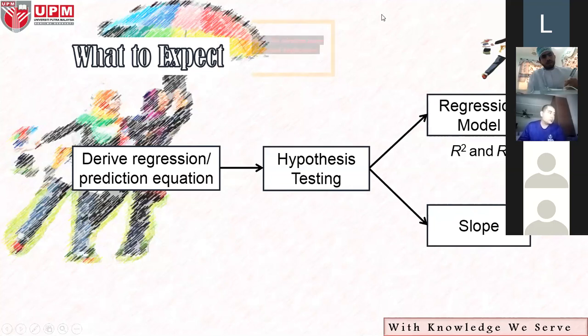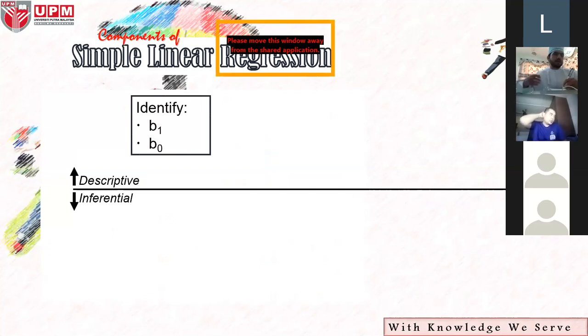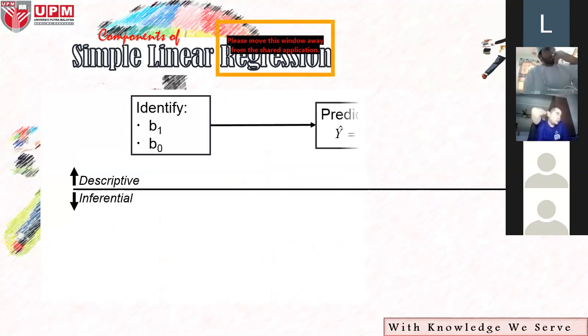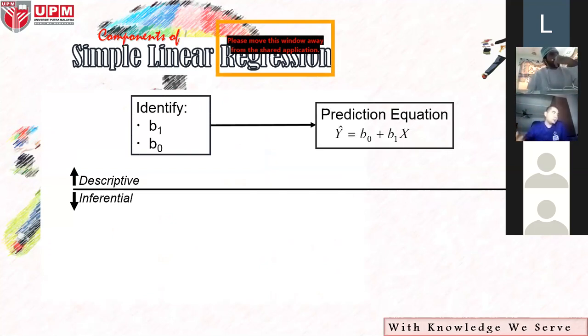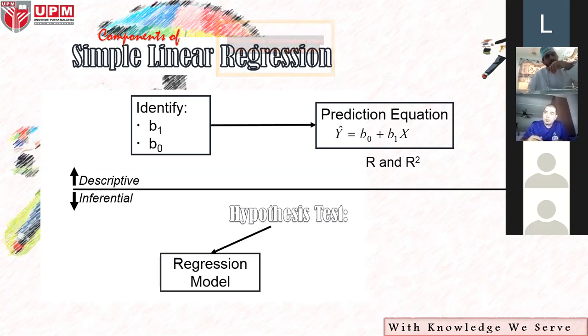The components of simple linear regression are two: descriptive and inferential. Based on descriptive, we are going to identify the B1 and B0 to insert in our prediction equation. Based on that, we can interpret the R and R squared value, and then the hypothesis testing based on the regression model, and then based on the slope.